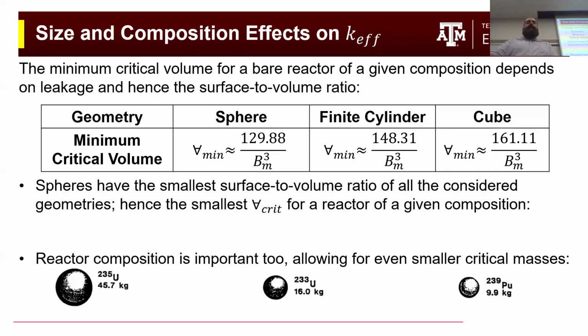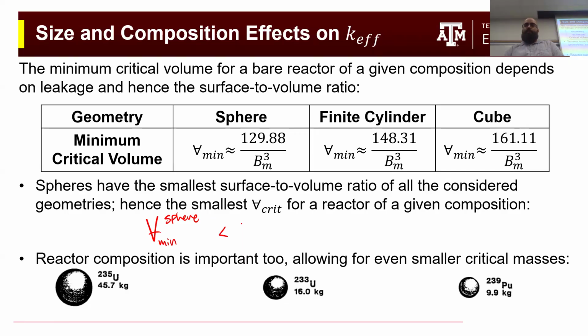So the shape that has the best surface to volume ratio is also the shape that's going to have the minimum critical volume. In this case, the sphere is the best way to make a critical configuration. The minimum volume for a sphere is the smallest that I can get.